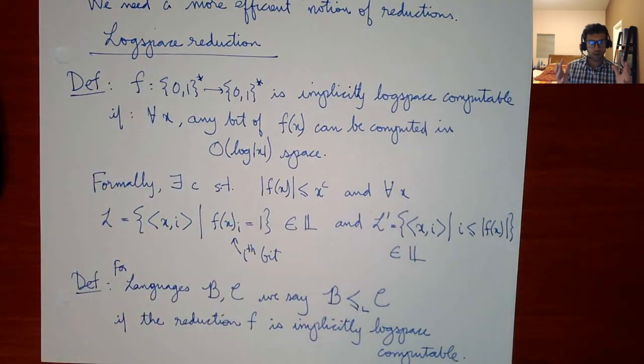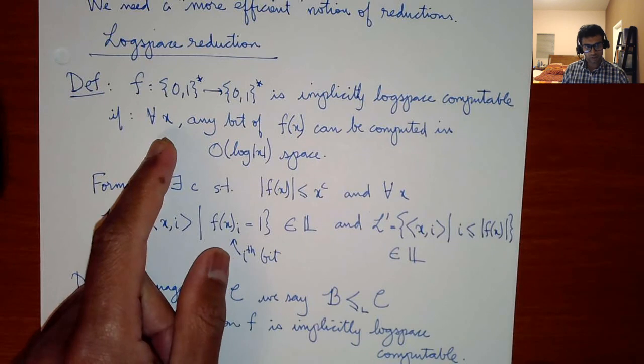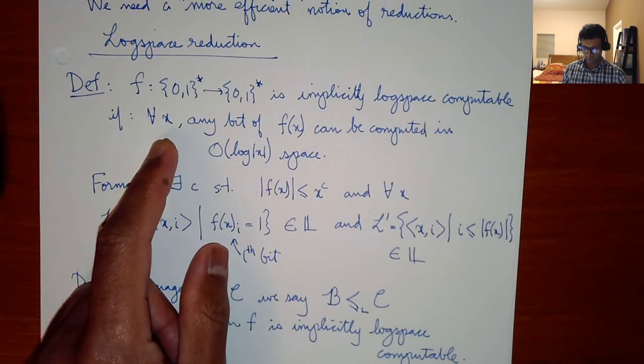The problem with log space is that if you have some input of size n and the function is computing a reduction, the output may also be of size n. How could you represent the output in log space? That's not possible. So what we say is that a log space computable function is one where any bit of the output can be computed in log space.